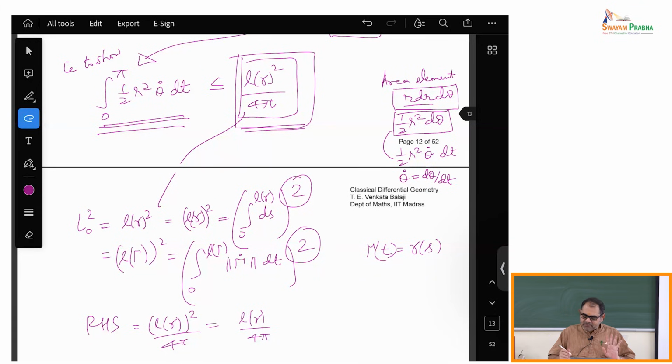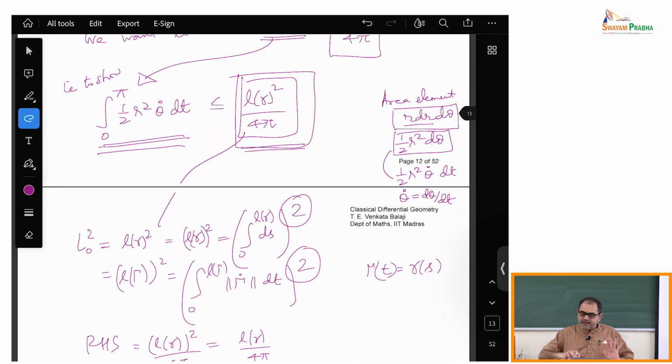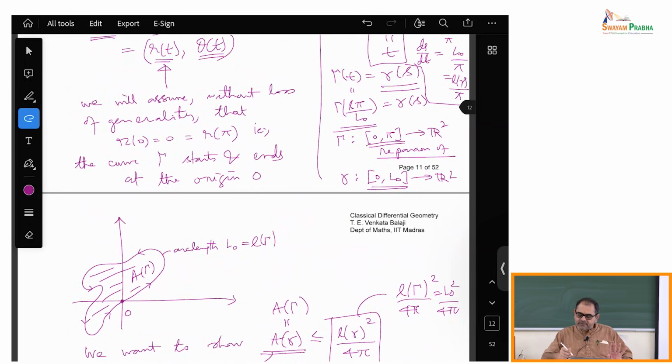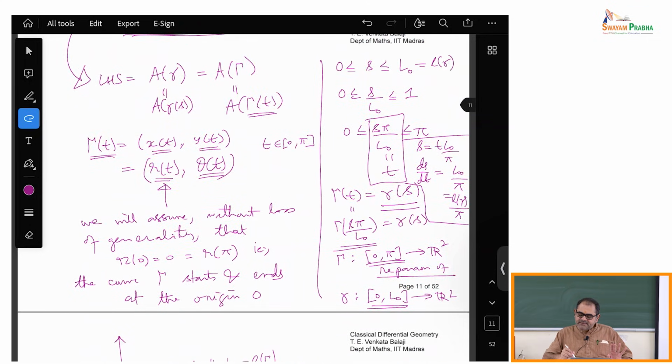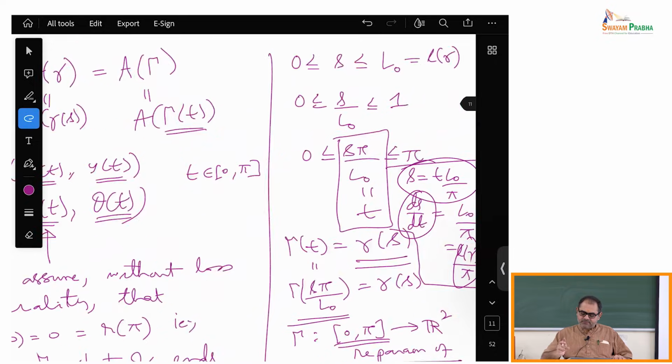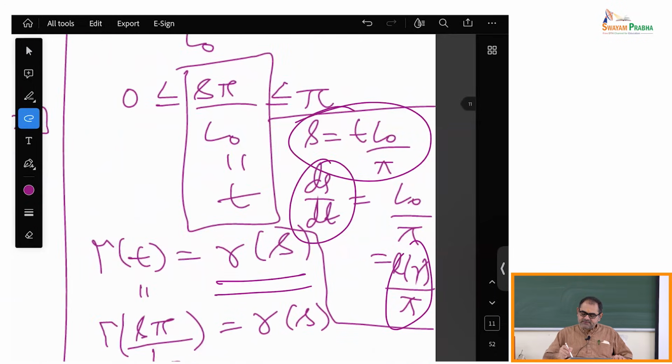Incidentally, let me also say something else before that. So here is the important thing. You also have that this S is T times L naught by pi. So ds by dt is actually L gamma by pi.